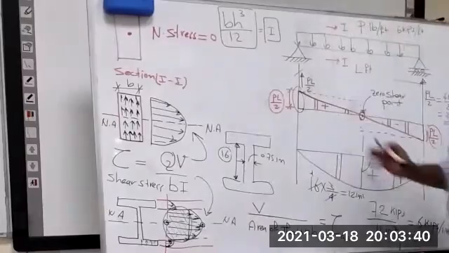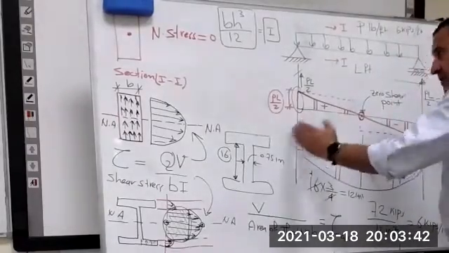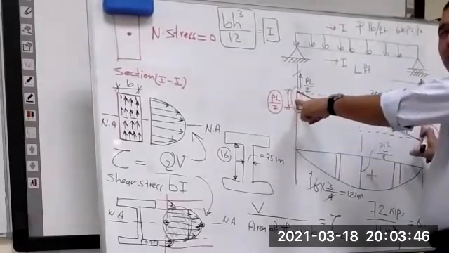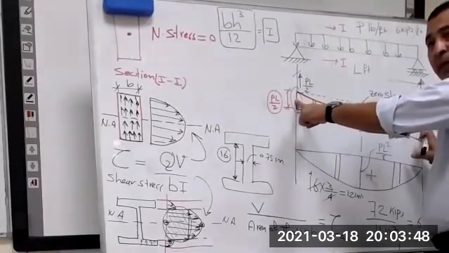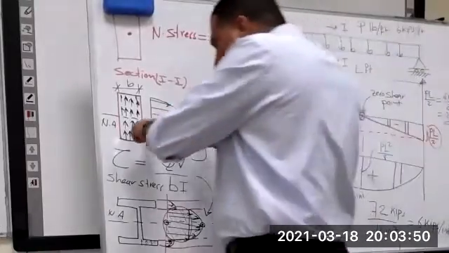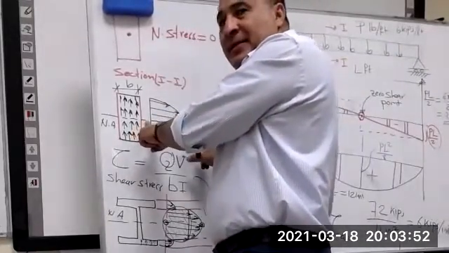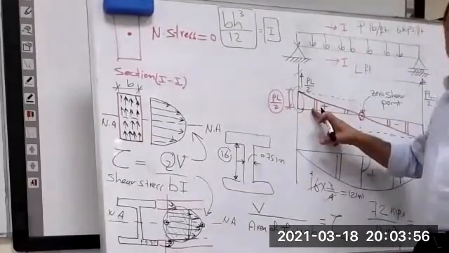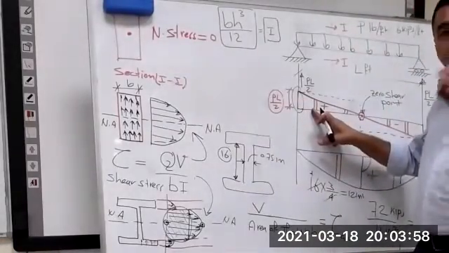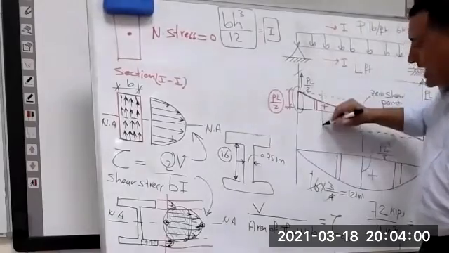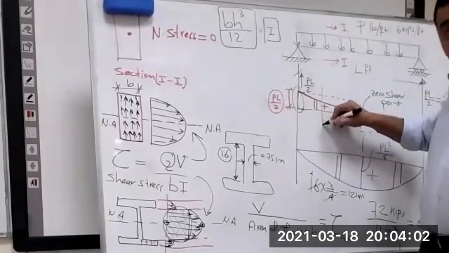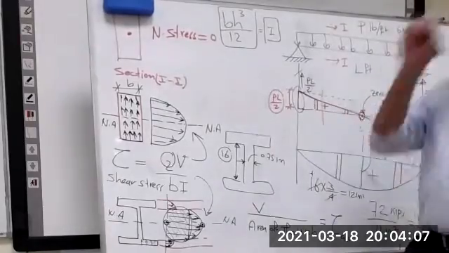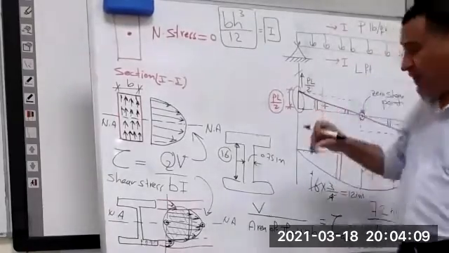Means in this beam, especially this beam, the maximum shear stress is always in the supports, and always in the neutral axis. Each section has a neutral axis, but in the other sections the value of the shear is less. But we have maximum shear stress in the section at the neutral axis. But the V varies.